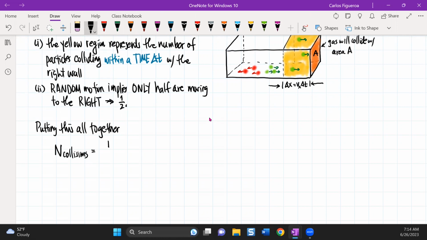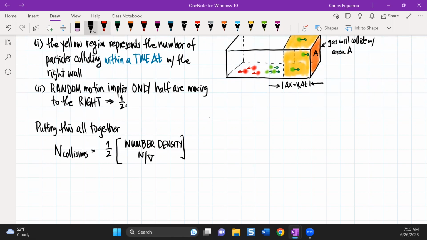Well, I have to have a 1/2 factor because half of them are moving to the right. Now, in that yellow region, we assume that we have a constant number density, and so that's got to be the value n divided by v.